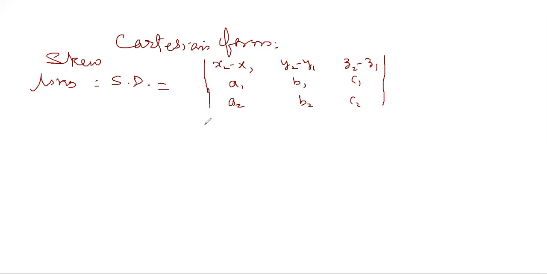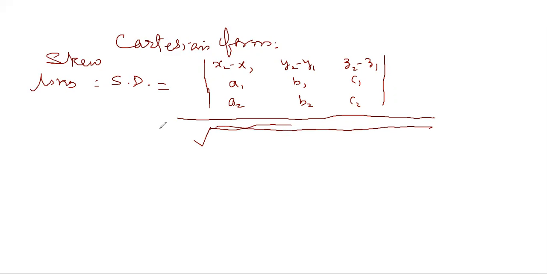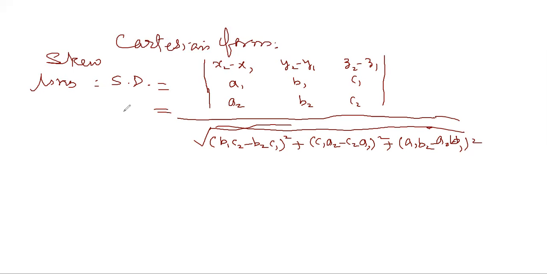This determinant divided by under root, the thing that you have used for sine theta, b1 c2 minus b2 c1 whole square plus c1 a2 minus c2 a1 whole square plus a1 b2 minus a2 b1 whole square. This is the shortest distance.